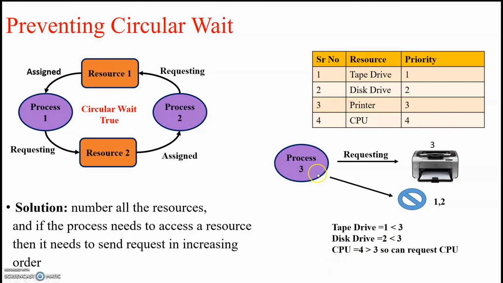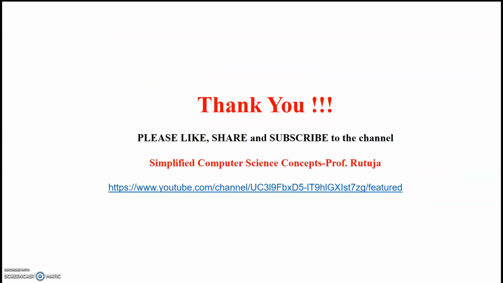But if process P3 wants to access the CPU whose number is 4, which is greater than 3, that request can be accepted. So it can request the CPU. So by maintaining this type of a table, deadlock will be avoided. So this is how we can prevent circular wait.